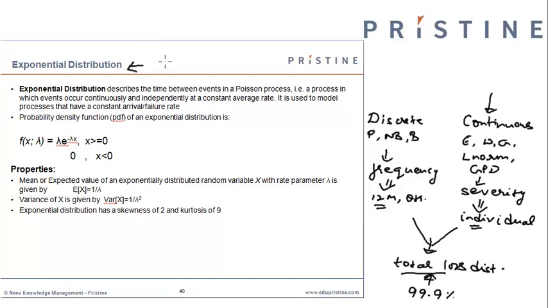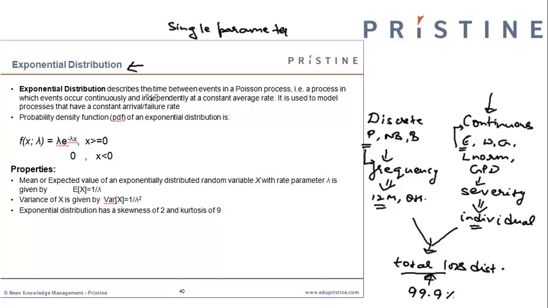So we start our videos on continuous distribution with the exponential distribution. Now exponential distribution is a fairly simple distribution in the sense that it can be parameterized using only a single parameter. So just like we had Poisson distribution in case of frequency, which was a single parameter distribution, exponential in case of continuous distribution is a single parameter distribution.